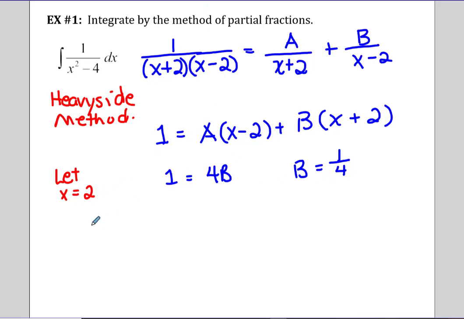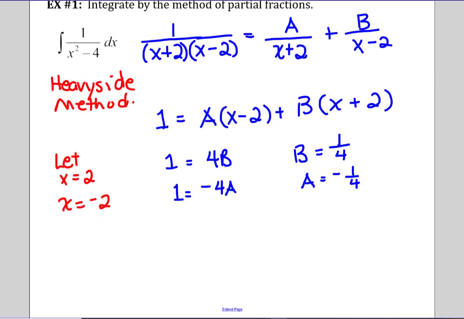And then to find the a value, we could let x equal -2, and that would zero out this factor over here. So if x is -2, then 1 is equal to -4a, and this term disappears, and that tells us the a term is -1/4.